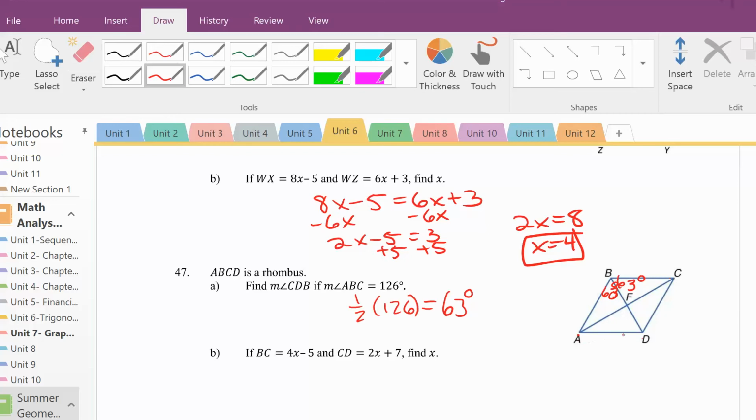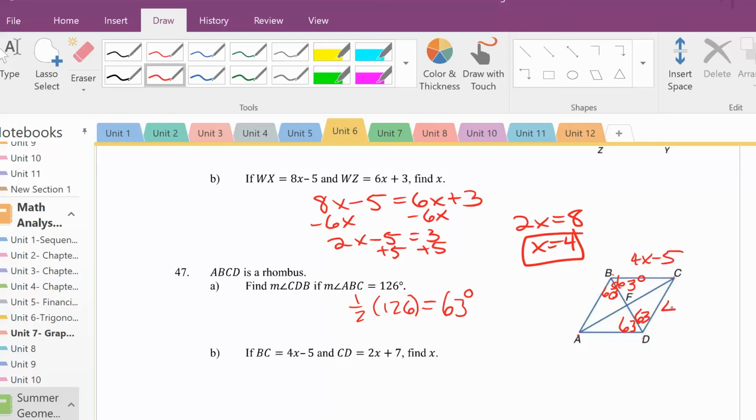CDB here. So if we know that's 63, yeah, it's 63, because these would all be the same. Because remember, opposite angles in a parallelogram are the same. So it'd be 63 and 63. All right, so BC is 4x minus 5.